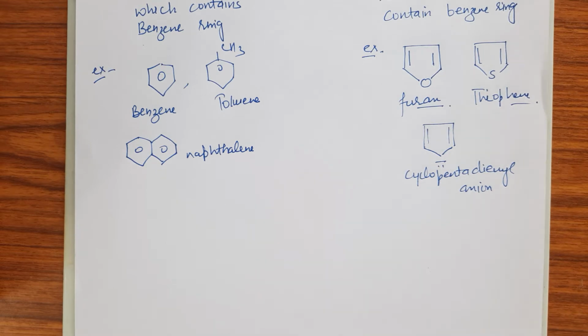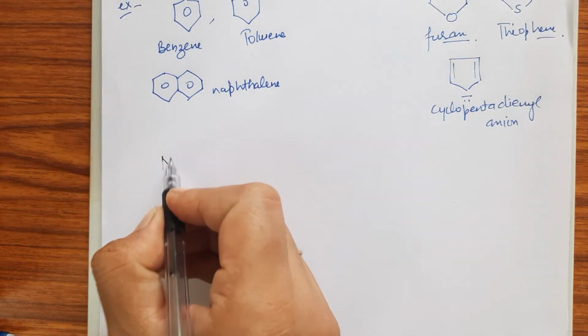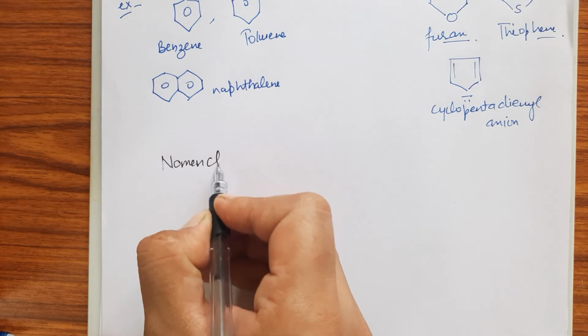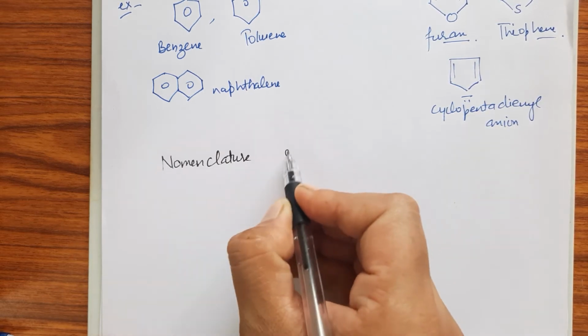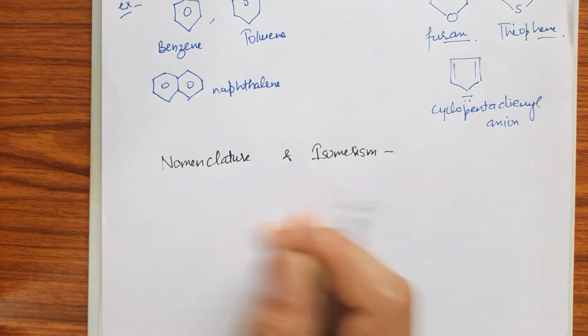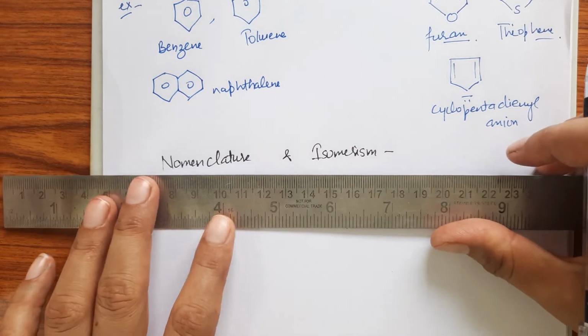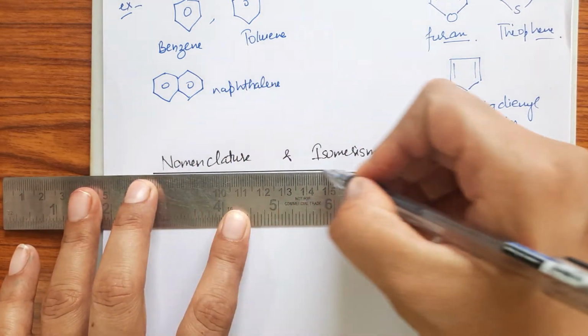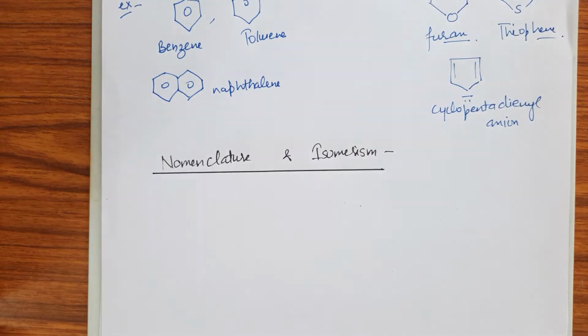So now we take their nomenclature and isomerism. As nomenclature you have already studied in the previous chapter, here we will take it in brief.